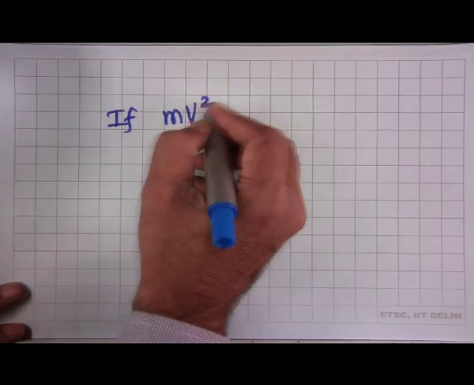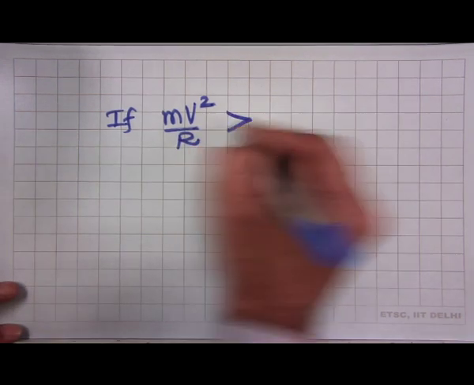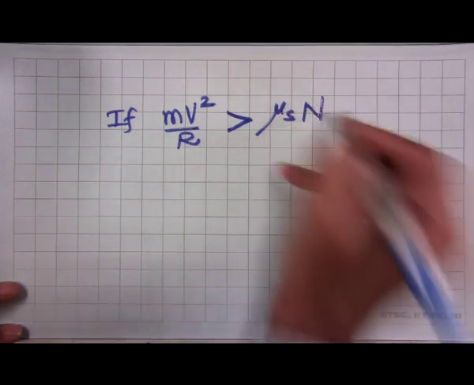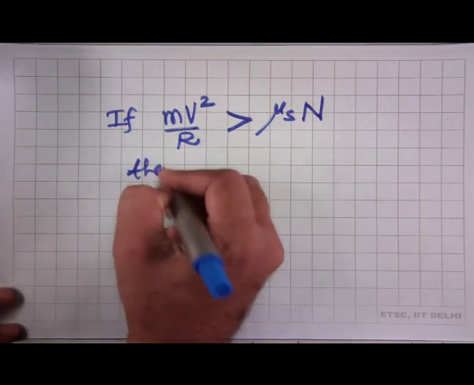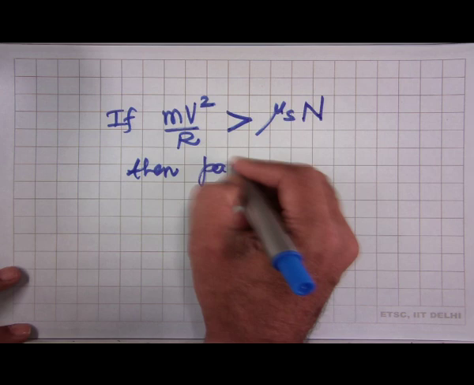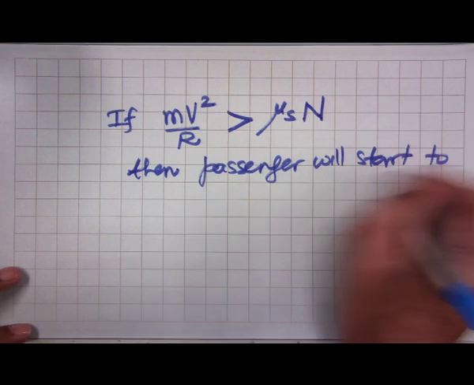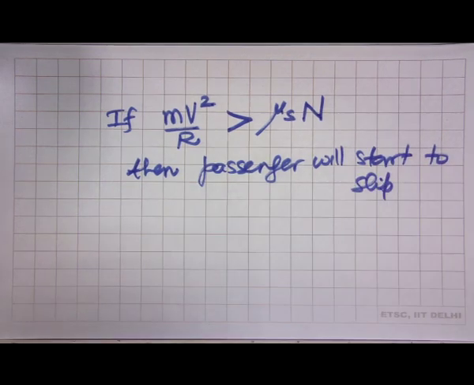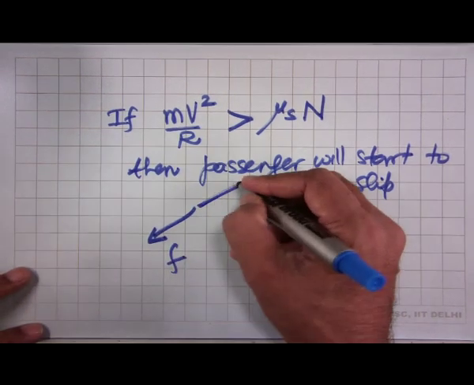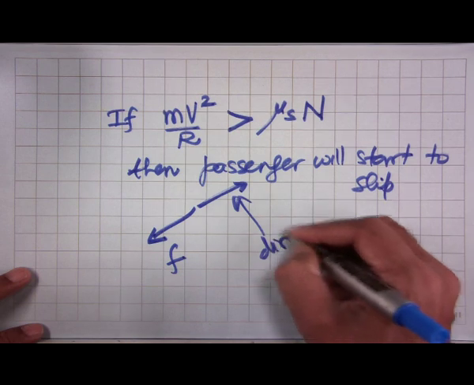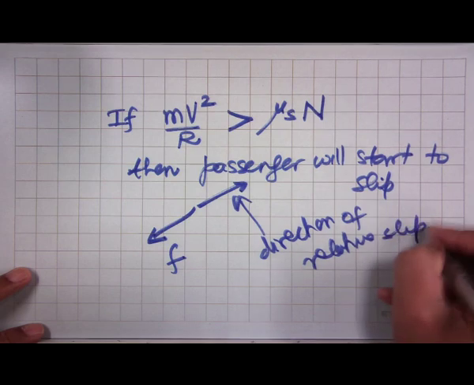If mv square upon r is greater than mu s n, in this case n is equal to weight, then the passenger will start to slip, and friction force is acting in this direction. So, therefore, this will be the direction of the relative slip.